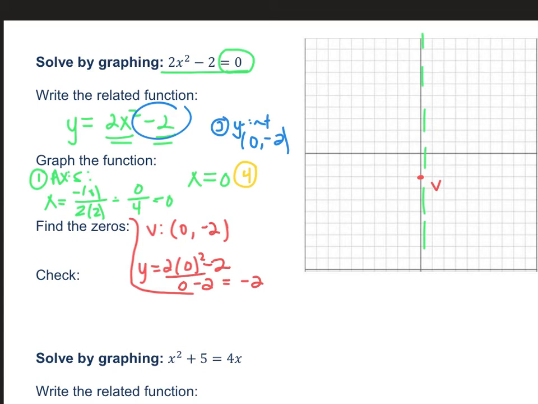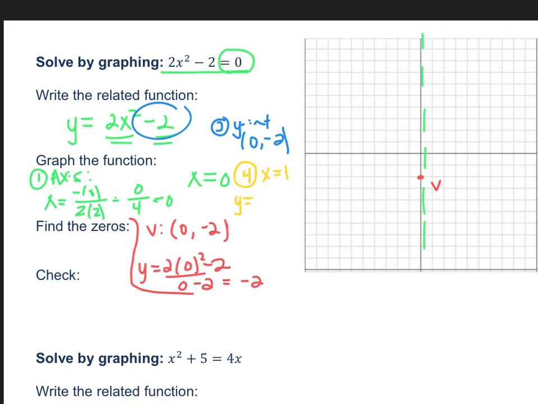So let's pick another value for x. Let's plug in when x equals 1 so we can get another point, on the right side of the axis of symmetry, somewhere over here.